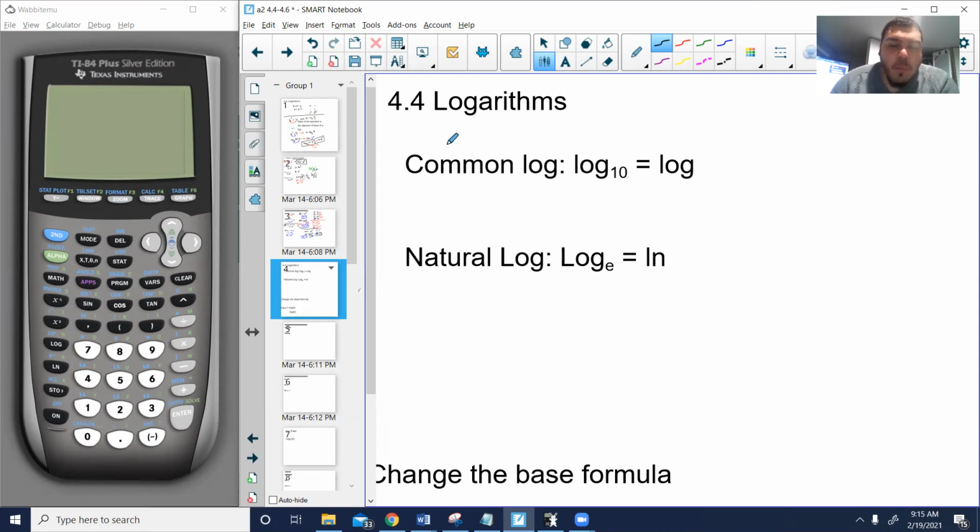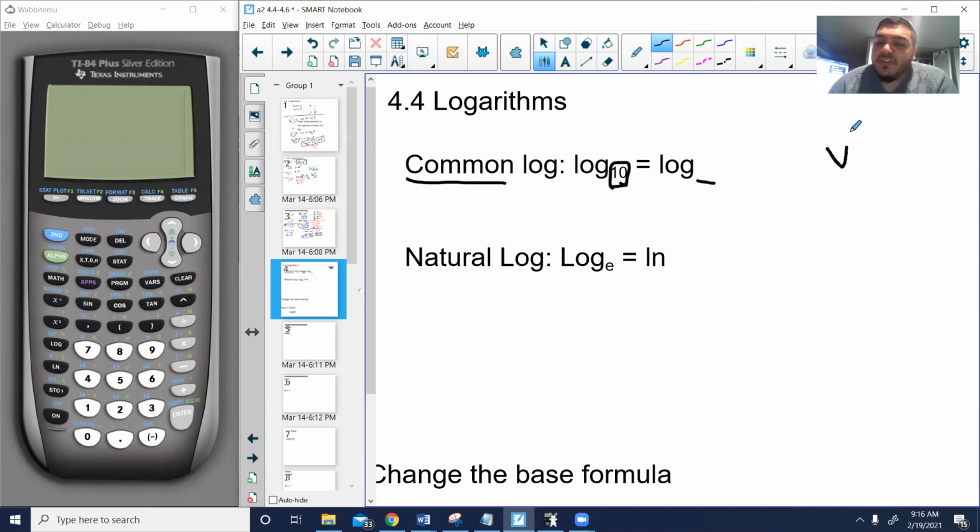Let's talk about the first one, the common log. Log base 10 is the same as log blank. So if you see a log with no little b or no little base, you assume it's the number 10.